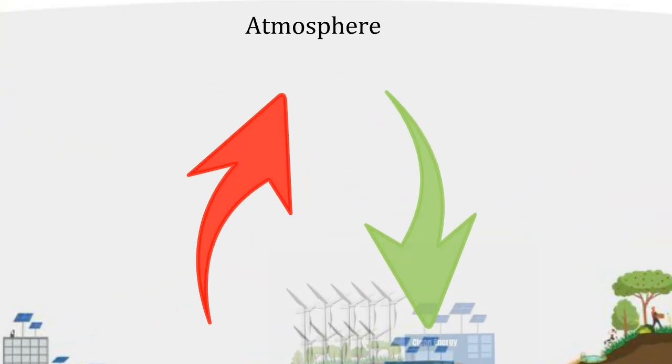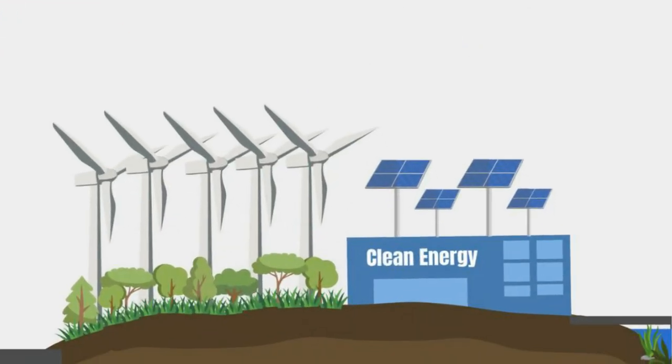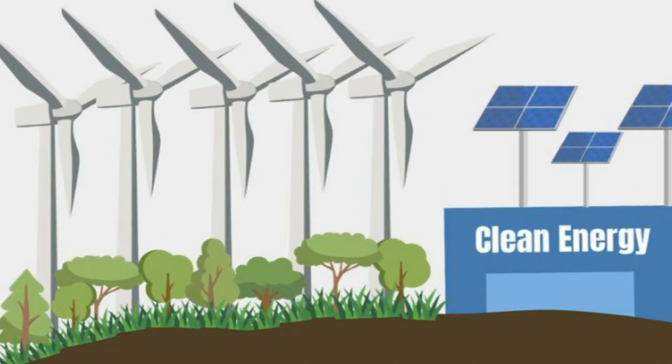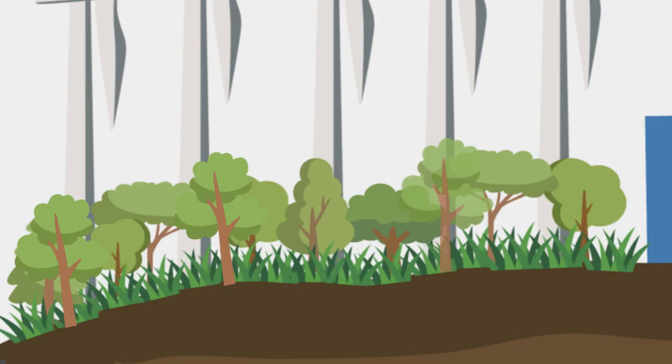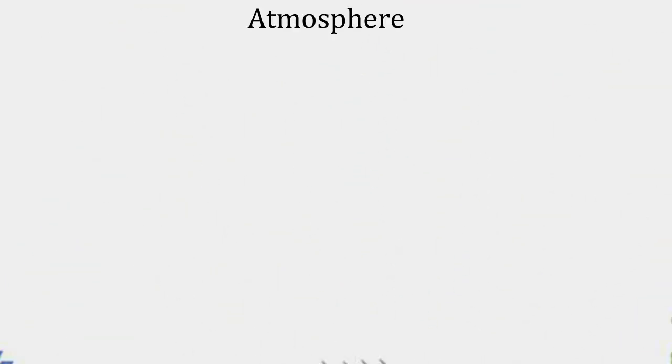Generally, this means changing how economies, businesses, and lifestyles are powered by transitioning to renewable energy sources like wind, solar, hydro, and geothermal. Equally important is enhancing carbon removal by planting trees, reducing deforestation for agriculture, and restoring ecosystems through land regeneration practices.